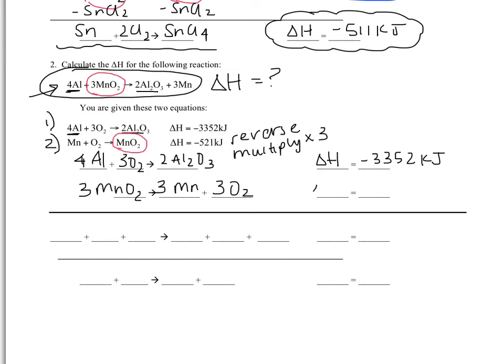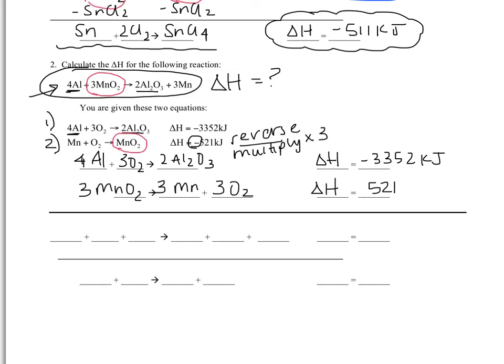Now, the thing that a lot of people forget is, remember, whatever you did to the reaction, you have to do the same thing to the enthalpy, the delta H. So since I reversed the reaction, I am going to reverse the sign of the enthalpy. So instead of having a negative 521, I'm now going to have a positive 521.